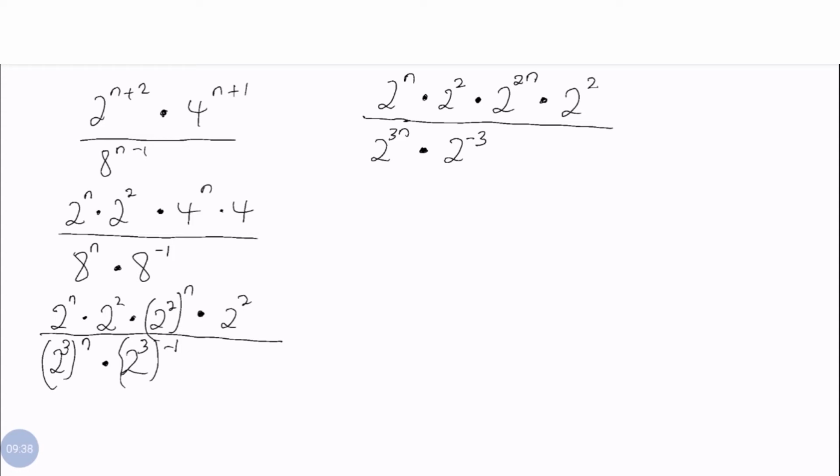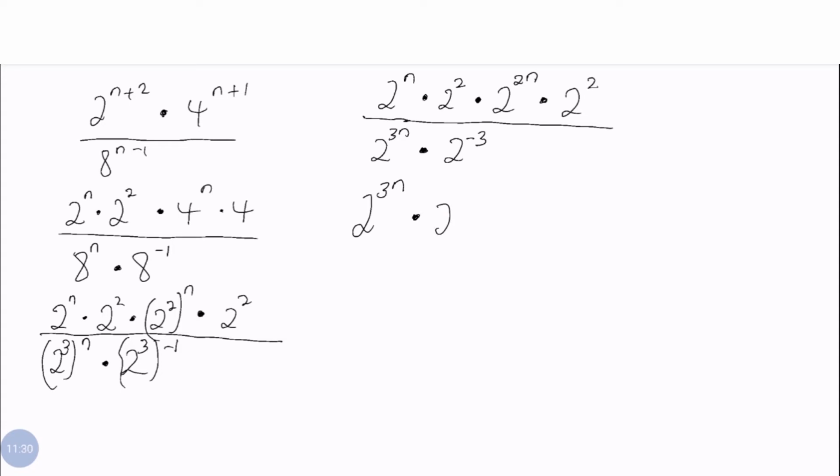Now we have made everything to the base 2. 2 to the power n multiplied by 2 to the power 2n is the same as adding their indices. So we will have n plus 2n is 3n. All this is multiplied by 2 to the power 2 multiplied by 2 to the power 2. So we'll add the indices 2 and 2. 2 plus 2 is 4.